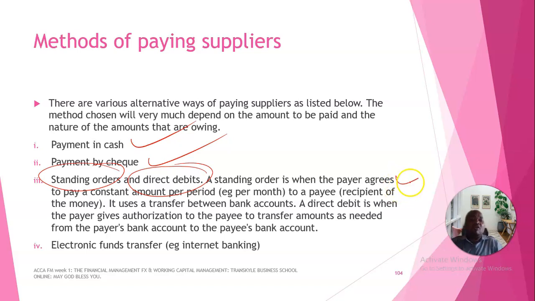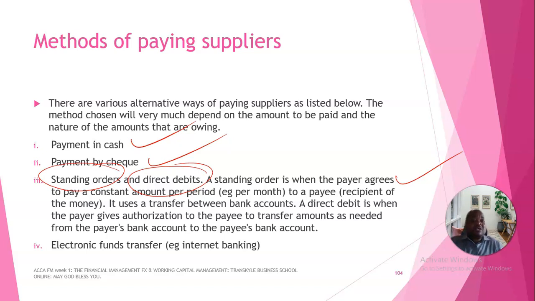This one is normally common if you buy furniture from a furniture seller or a furniture store, they normally give you some hire purchase agreement. That is a standing order agreement. So in that arrangement, you are only going to pay a constant amount.